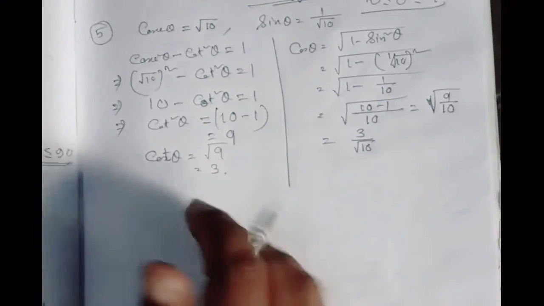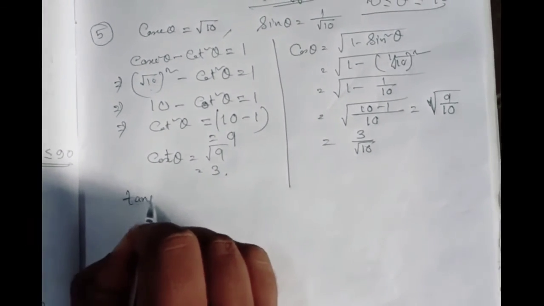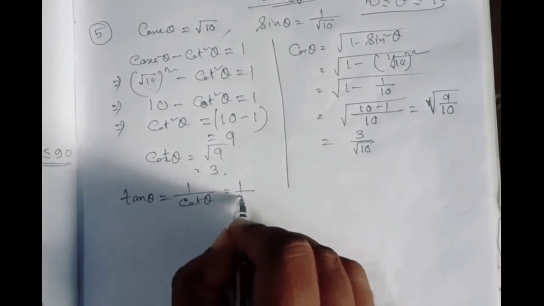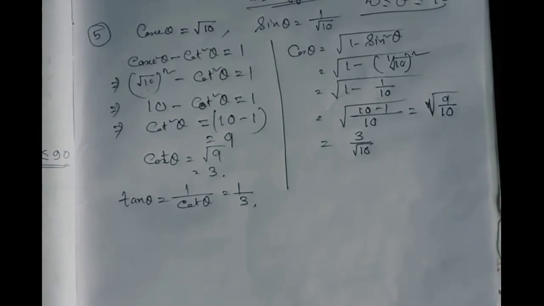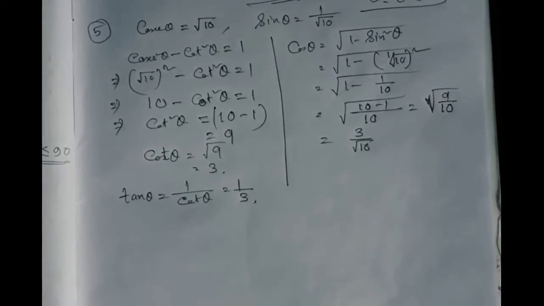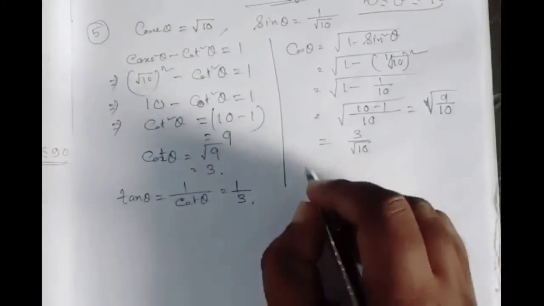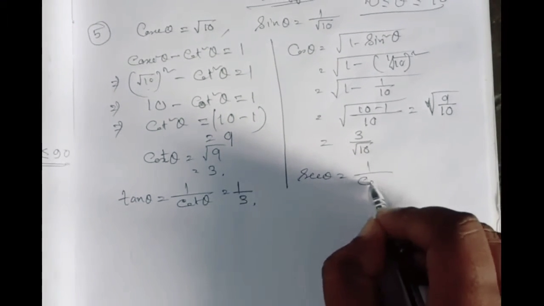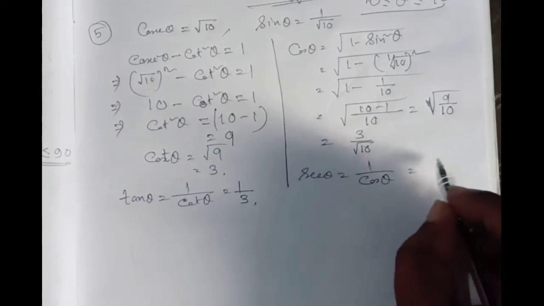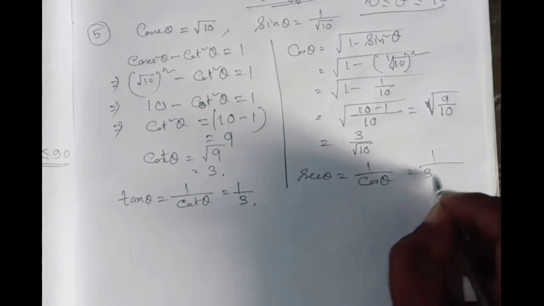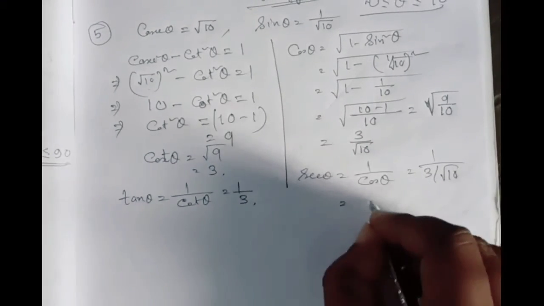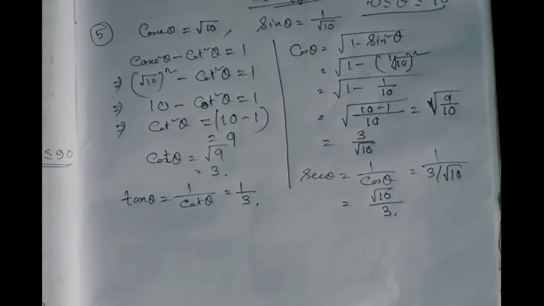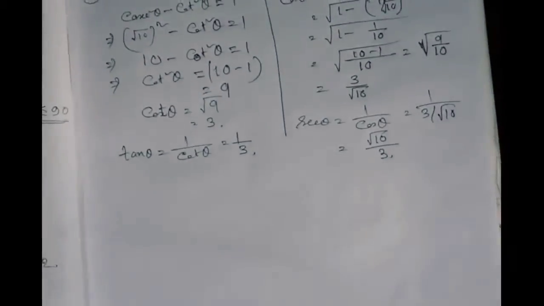So tan theta is equal to 1 by cot theta, that is 1 by 3. Next we have to find sec theta. Sec theta means 1 by cos theta, that equals 1 by 3 by root 10, that is root 10 by 3. Next, move to another question.